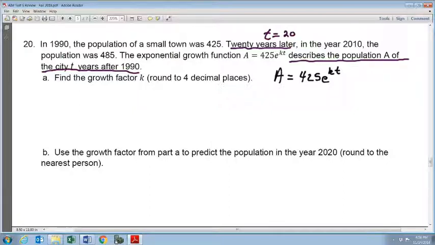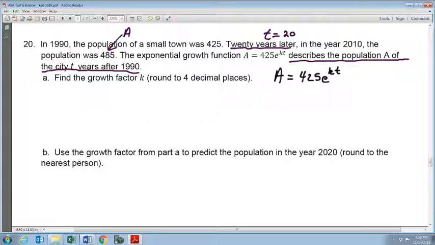That's going to be your A. This formula is a lot like the PERT formula, if you haven't noticed that before. So 425 is like our starting amount, and 485 is acting as our A, just like in the PERT formula.